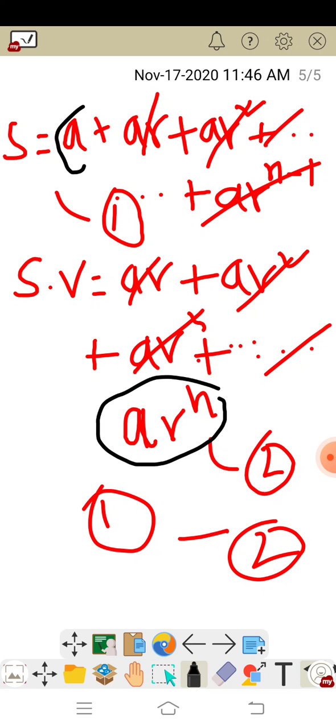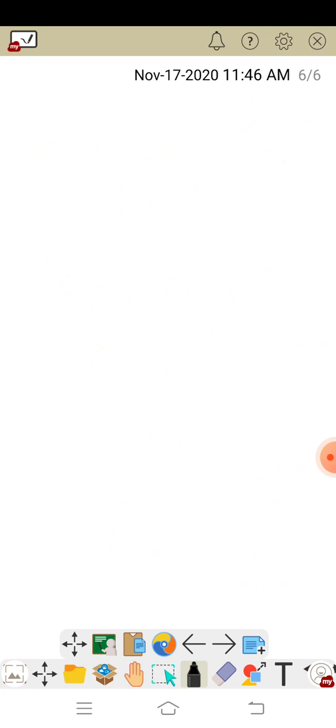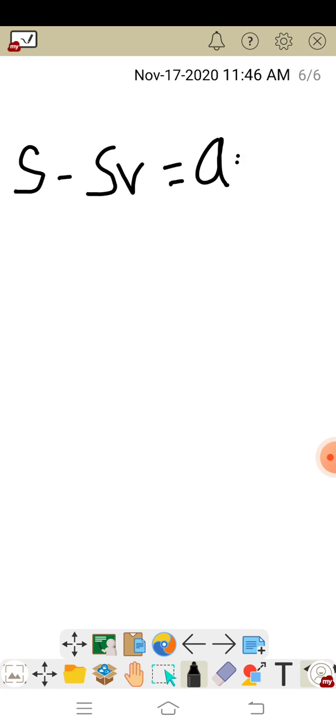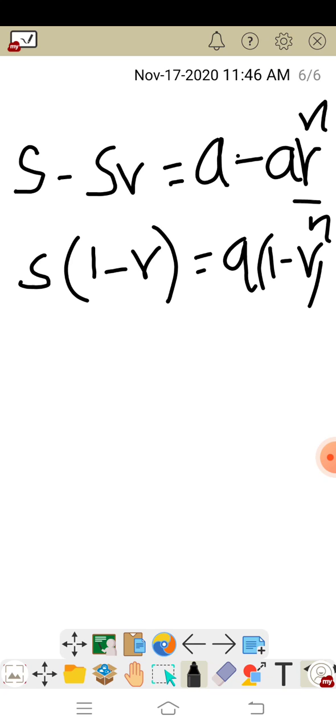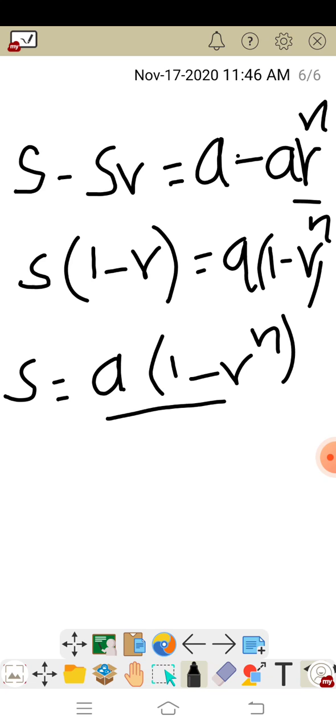So now S minus SR is equal to A minus A into R power n. Now take S common: S into 1 minus R is equal to A into 1 minus R power n. Now S is equal to A into 1 minus R power n divided by 1 minus R.